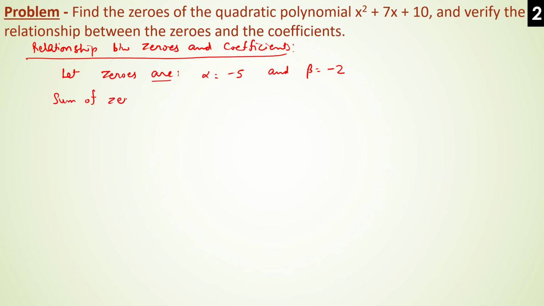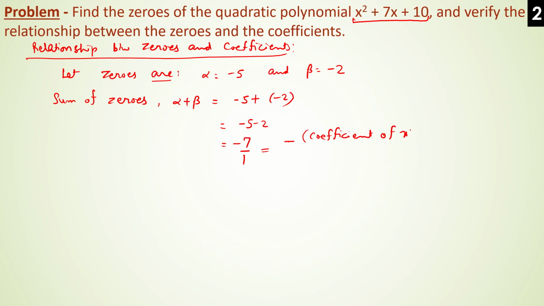Now the sum of zeros, that means alpha plus beta, can be written as minus 5 plus minus 2. So we get minus 7 upon 1. So here see carefully the polynomial, that 7 is the coefficient of x and 1 is the coefficient of x square.